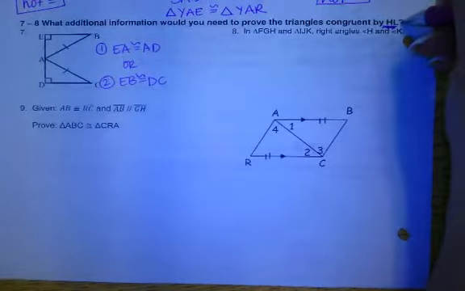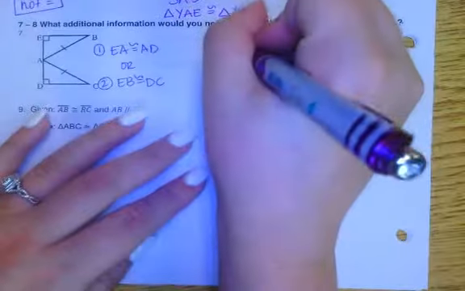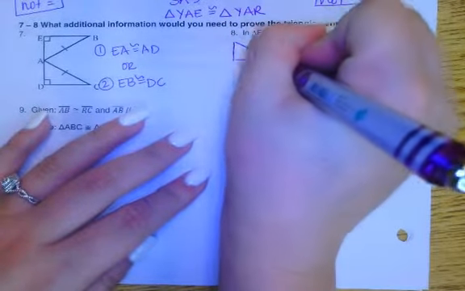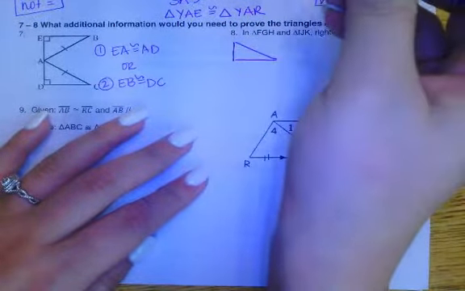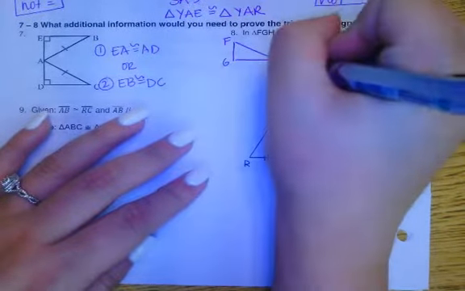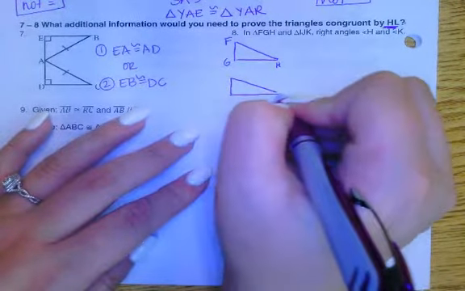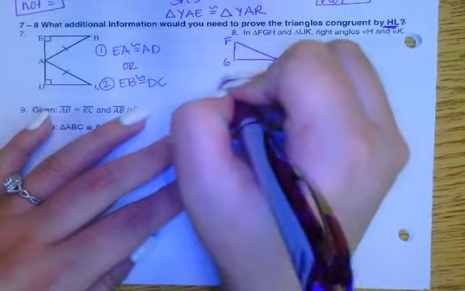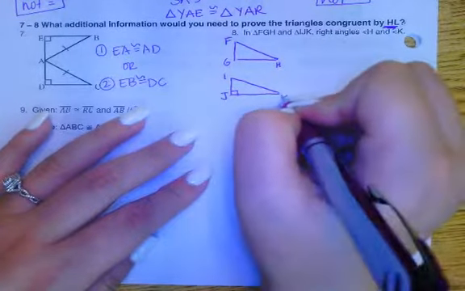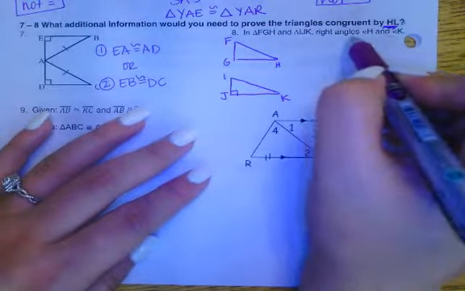Number 8, triangles FGH and IJK. You know that right angles H and K. Oops, I've drawn mine wrong.